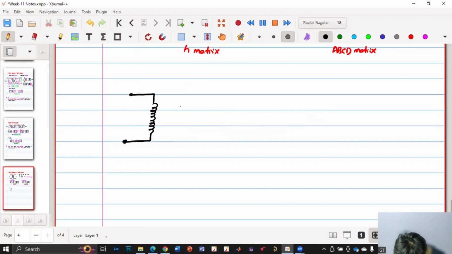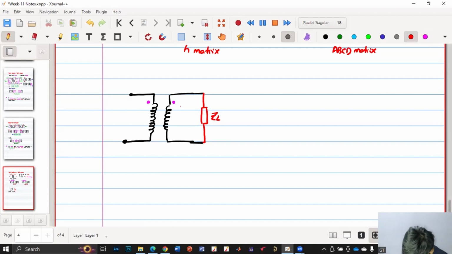we have the connection like this. Say there is a load connected over here, so this is our ZL and this is the polarity.